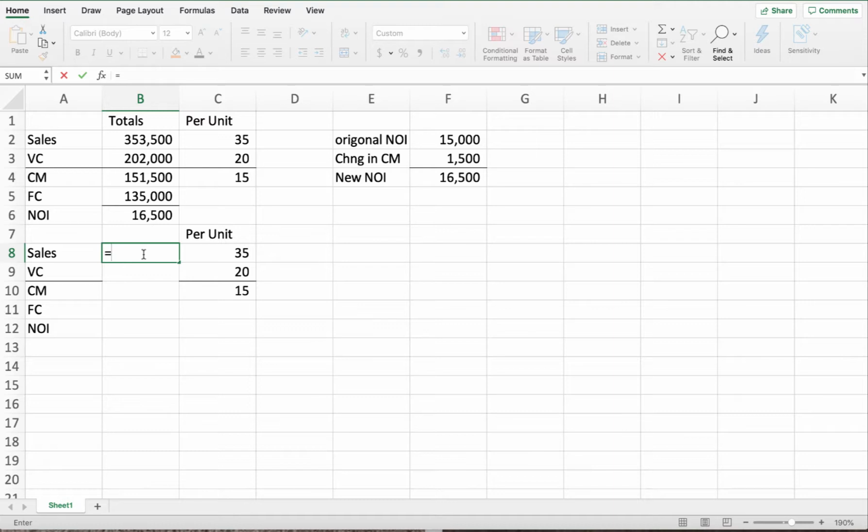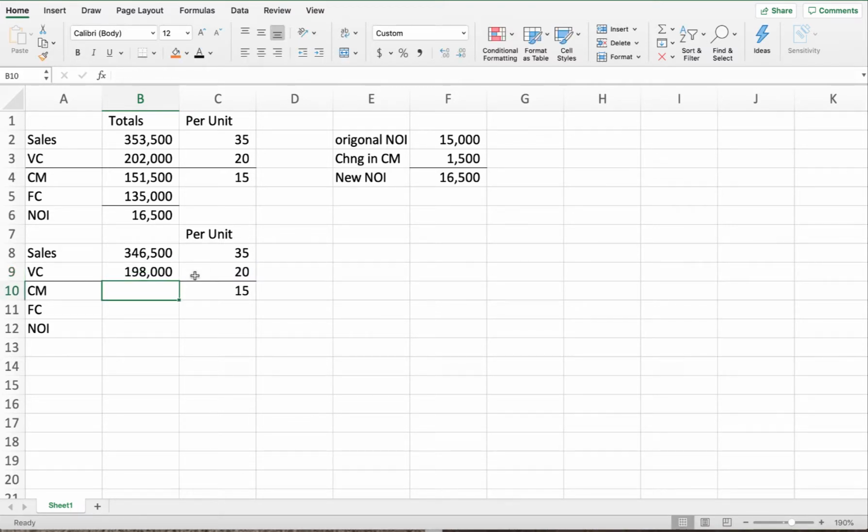Okay. So I can go ahead and just calculate it out. Well, sales dropped by 100 units. I had 10,000, so I have 9,900 units being sold times my selling price. My new sales are $346,500. I do the same thing with variable costs, right? 9,900 units times my per unit variable cost of $20.